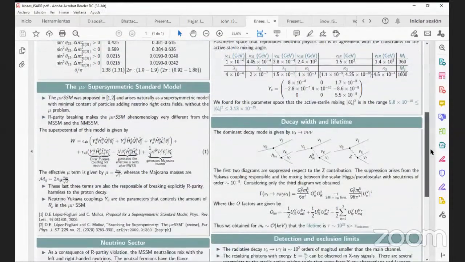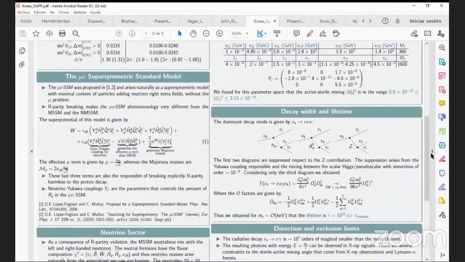Our model is proposed as a natural extension with extra right-handed neutrino fields. We add 3 right-handed neutrino fields. And we don't have the mu problem that there is in the MSSM.